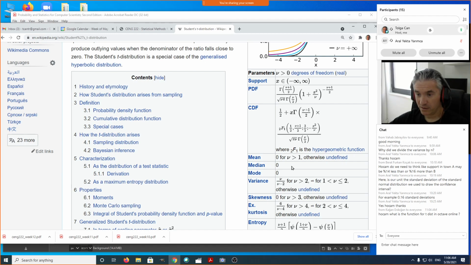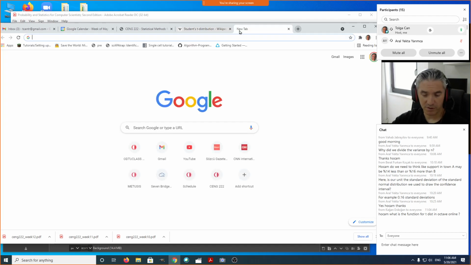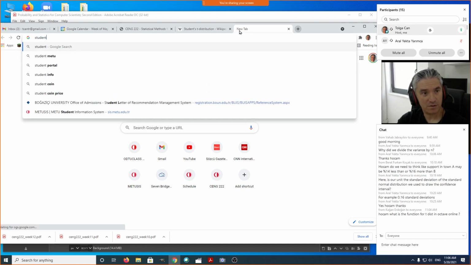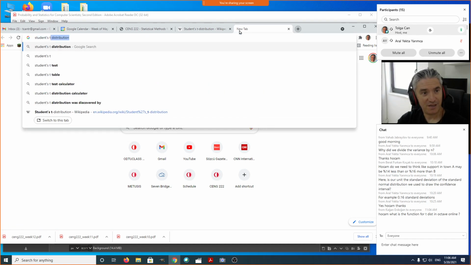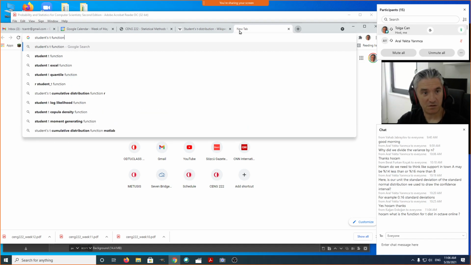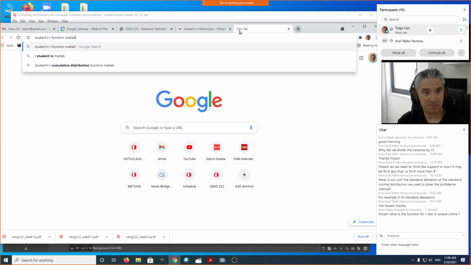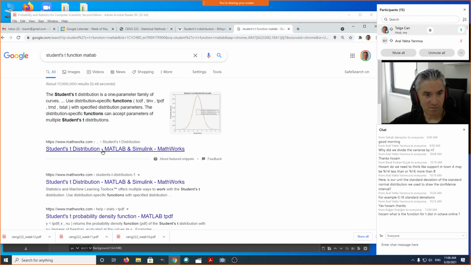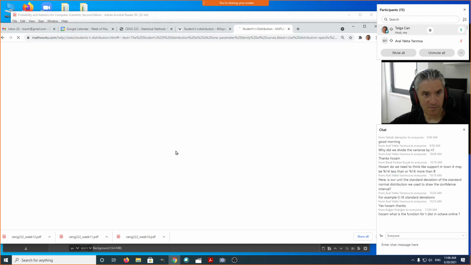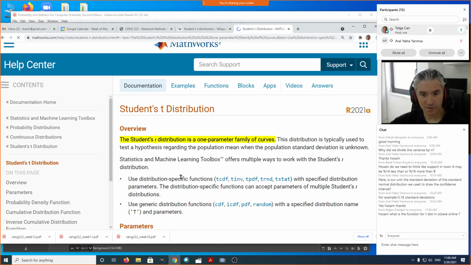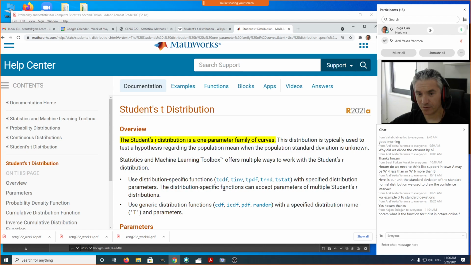But what is it for the t distribution on Octave Online? Let's search Student's t table, or t function Octave MATLAB. So this is tcdf. tcdf is what you're looking for.